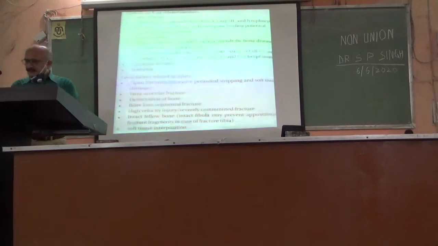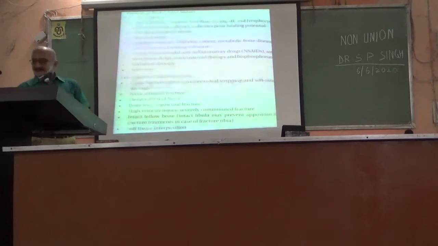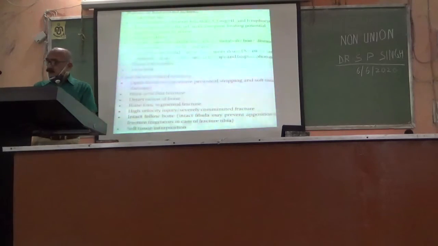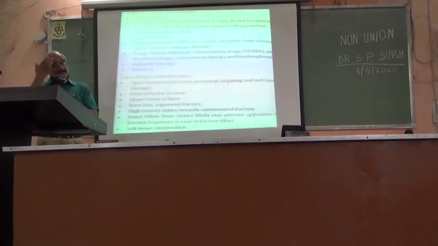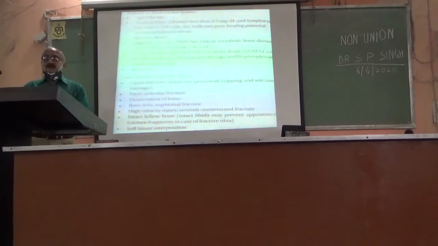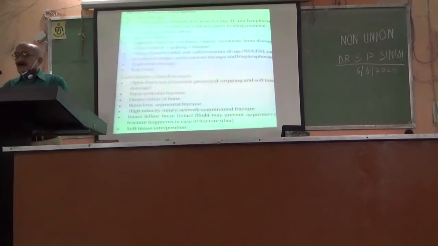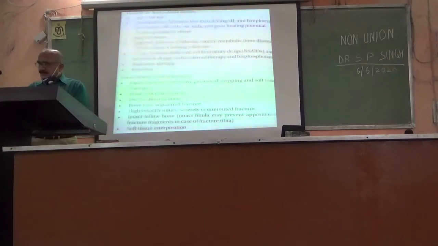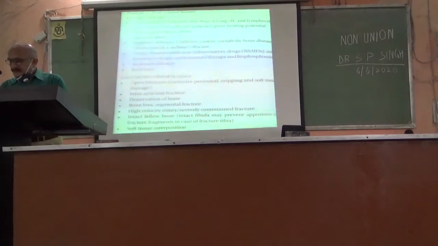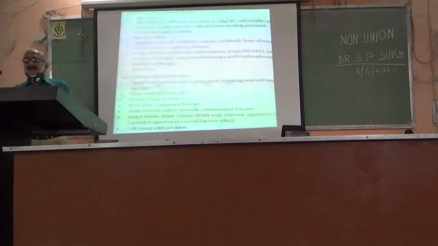So what are the etiopathogenesis? Etiology, as it depicts: old age में body के metabolism जो है वो definitely go down and there is problem of non-union. Malnutrition, very common in Indian situation. Then smoking, people are very fond of smoking.